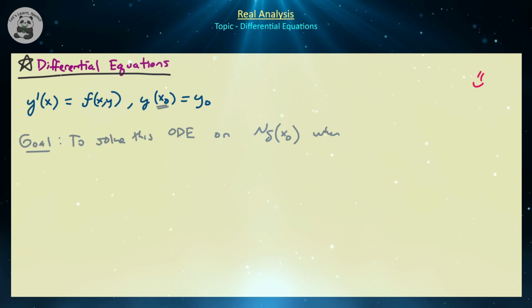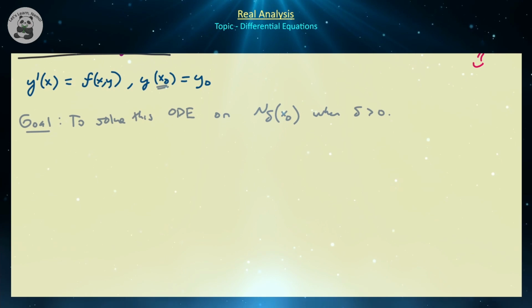And here, this delta is an arbitrarily small positive number. So as long as we can solve around this initial condition value x0, then all is going to be well. And then we can move along in that domain and solve in a neighborhood around that, and move on forward, do a neighborhood around that, and so on.